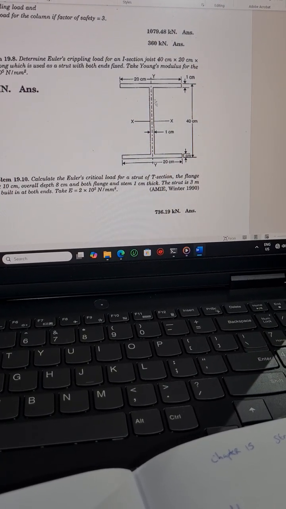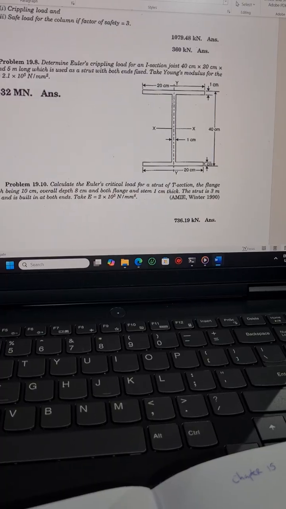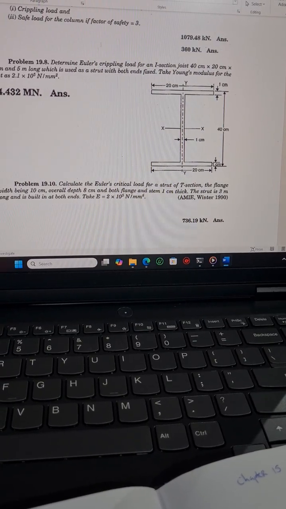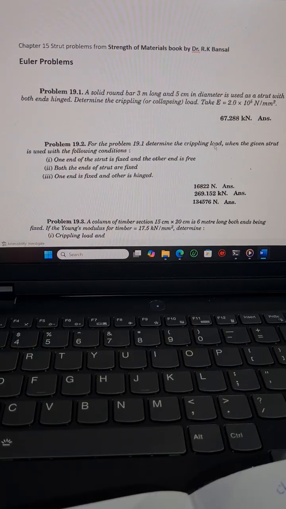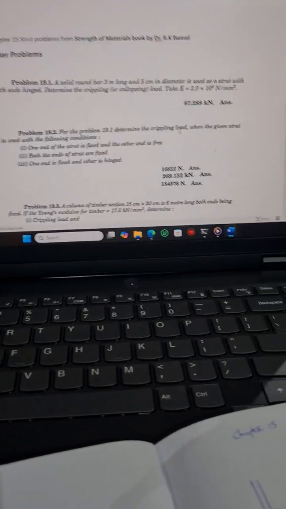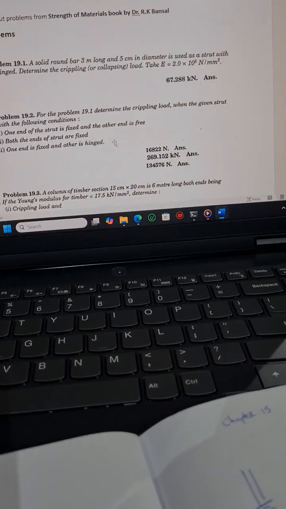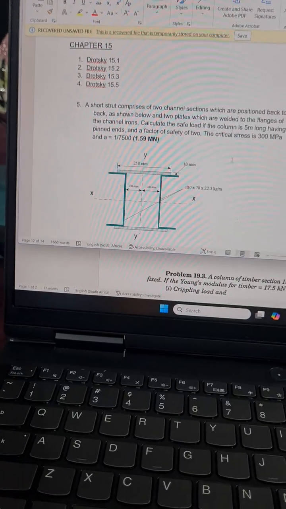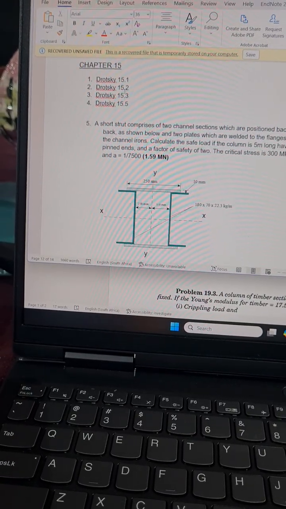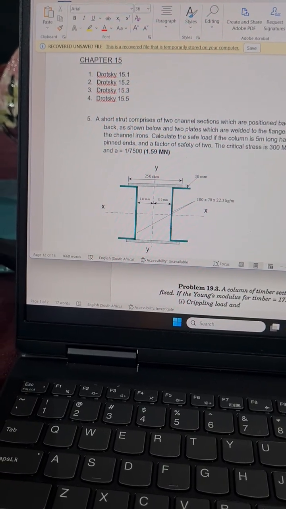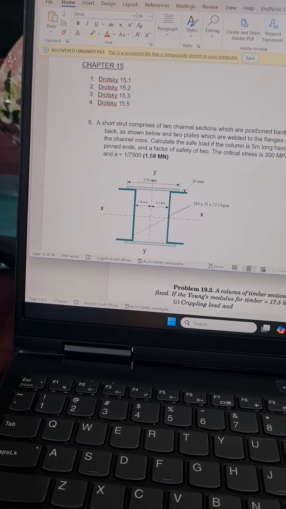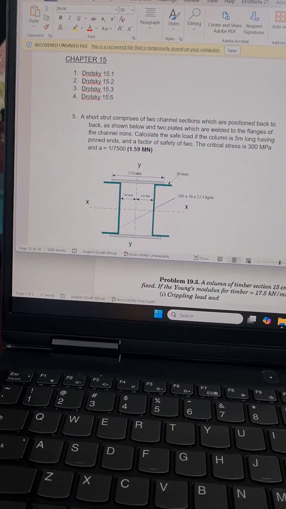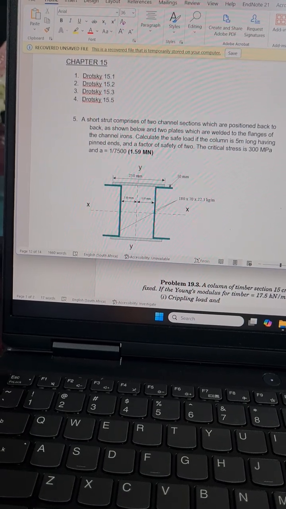Yes, sometimes there is a reason why they can't. The answer of this one is this one. So on Hibbeler you can do these problems in chapter 15, or if you have another version, chapter 12, problems 12.1, 12.2, 12.3.